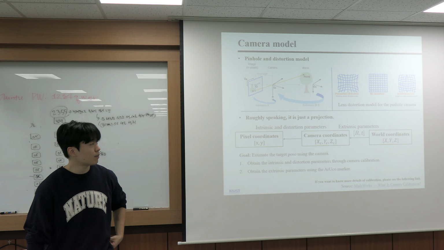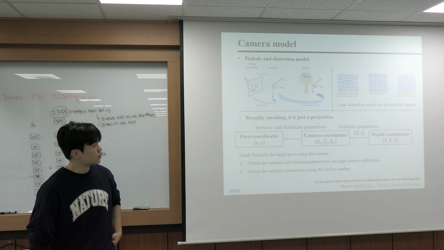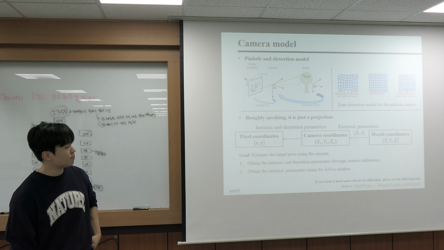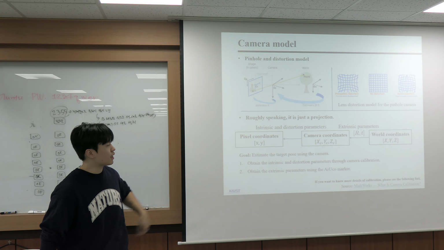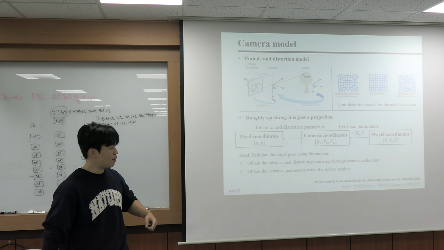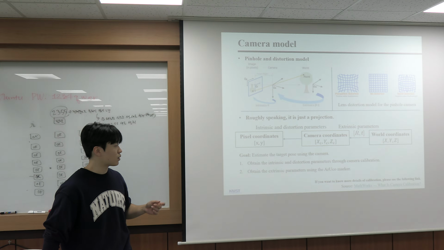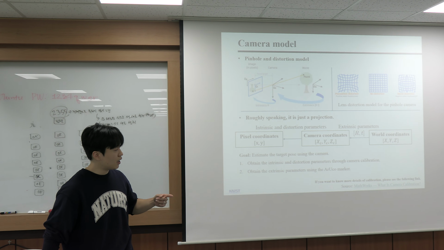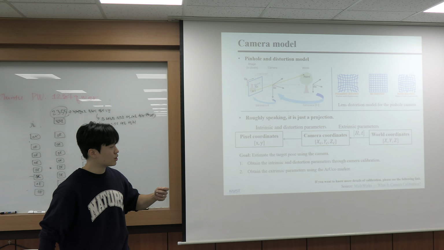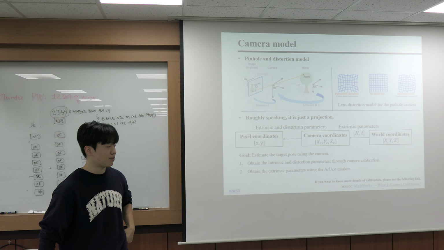So first, let's talk about the camera model. There are basically two kinds of parameters. First, the intrinsic and distortion parameters, which project the camera coordinates to the 2D pixel coordinates. And then there are extrinsic parameters, which are basically the pose of the camera coordinates with respect to the world coordinate.